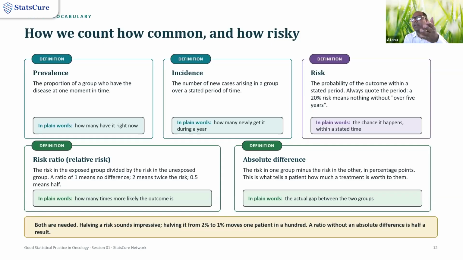If they have recovered, there is not any problem, but we are not going to consider them. But if they are still with breast cancer, those who were diagnosed in 2010, 11, and still in 2022 have breast cancer, then we will consider them for calculating prevalence.